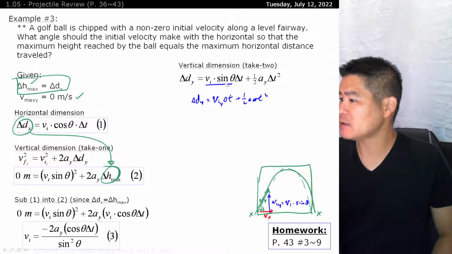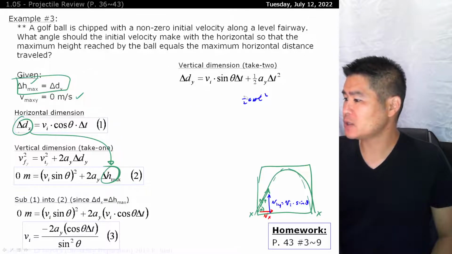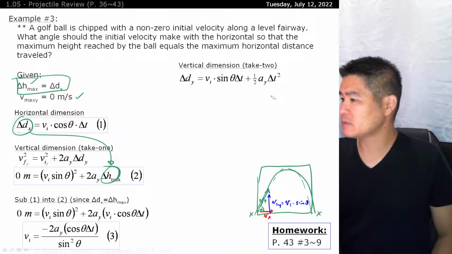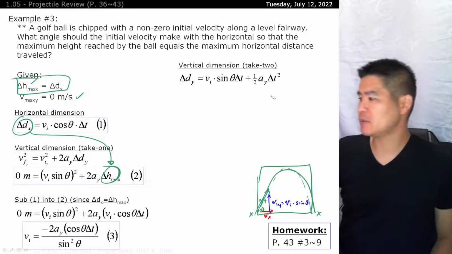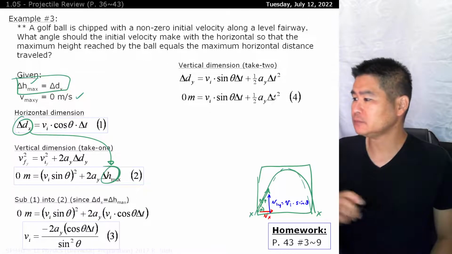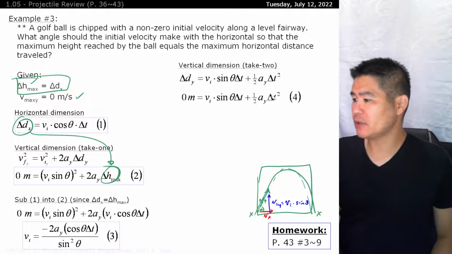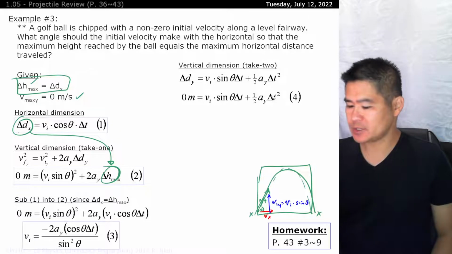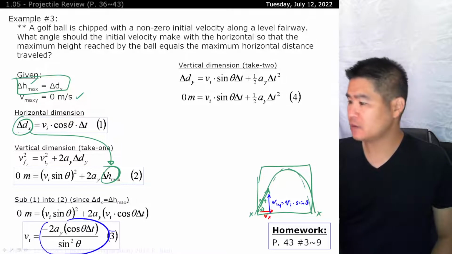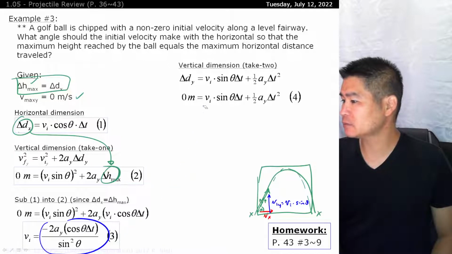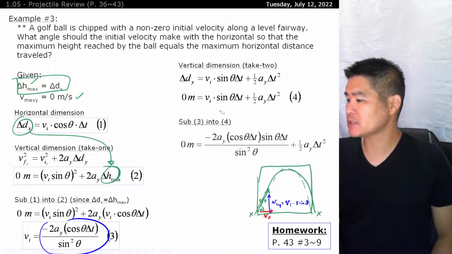That's why we have this here. And what can we do here? Our delta dy goes to 0, because again, you're launching it from ground and it's coming back to ground again. And now we have our fourth equation. We can sub in this term right into here now and hope for the best.